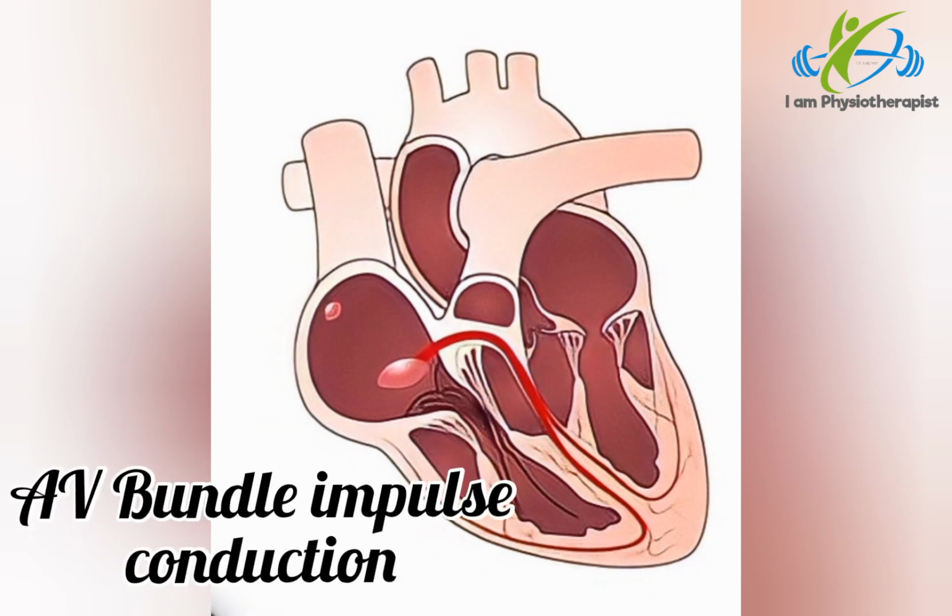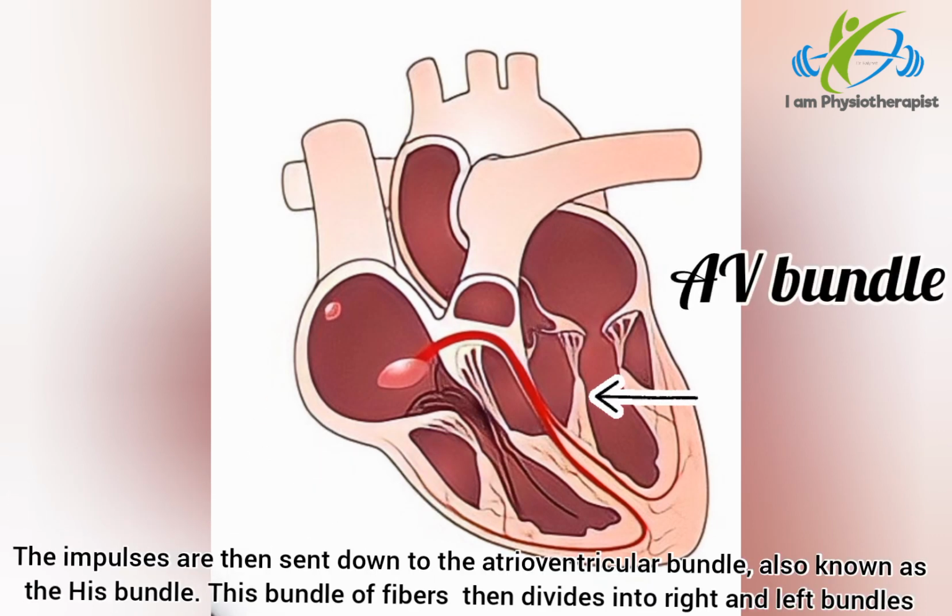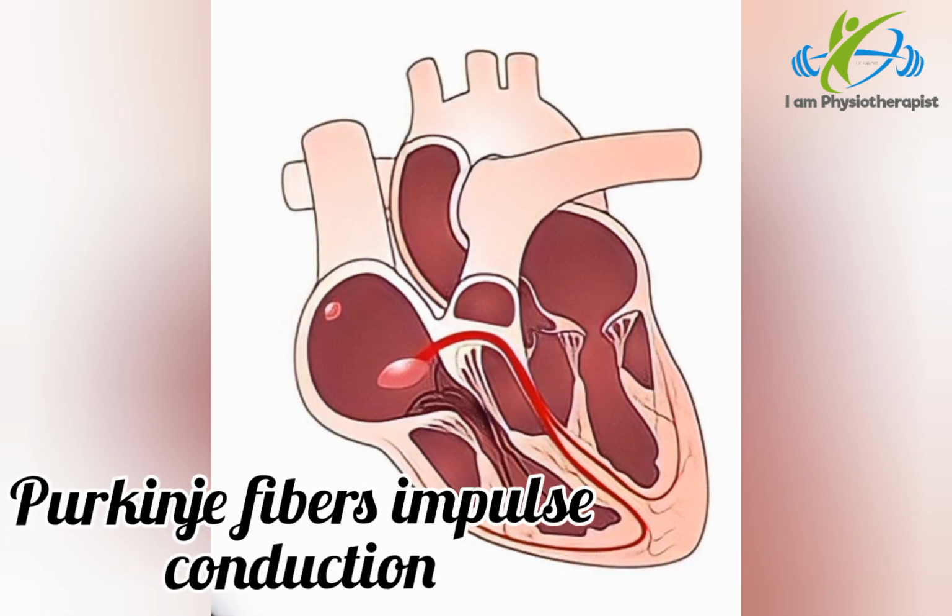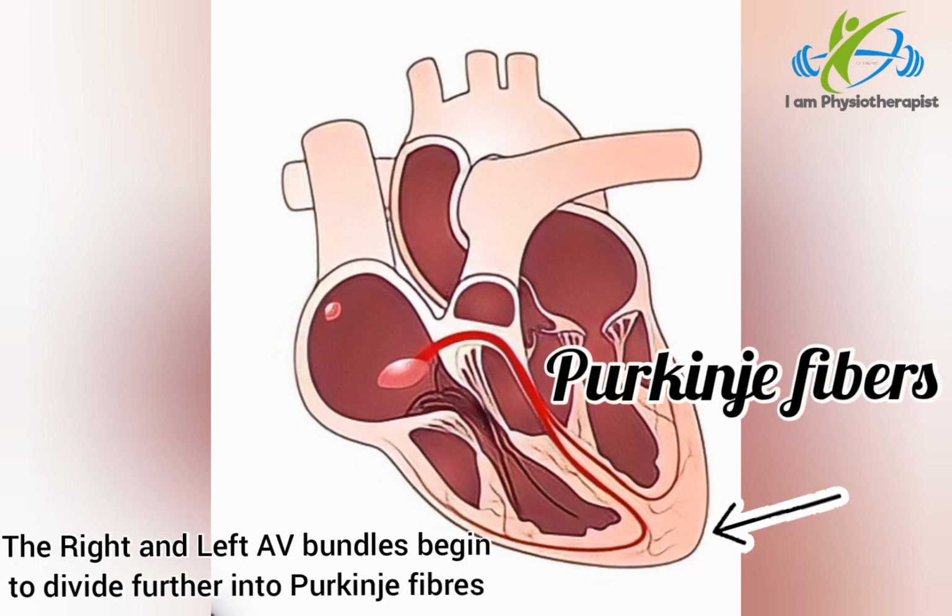AV bundle impulse conduction. The impulses are then sent down to the atrioventricular bundle, also known as the His bundle. This bundle of fibers then divides into right and left bundles. Purkinje fibers impulse conduction. The right and left AV bundles begin to divide further into Purkinje fibers.